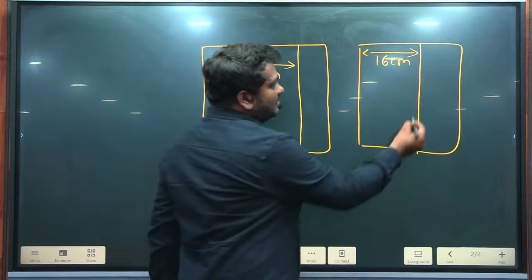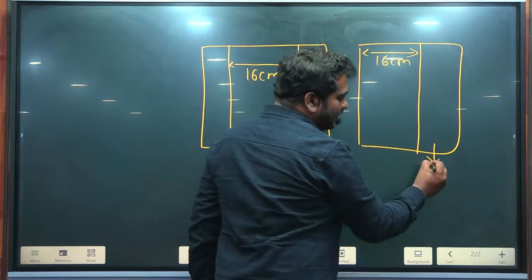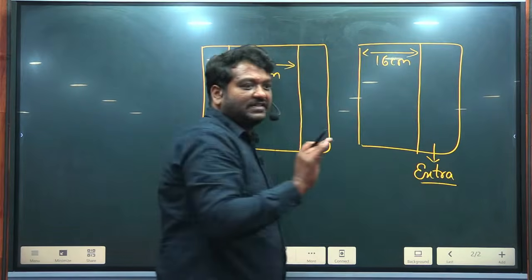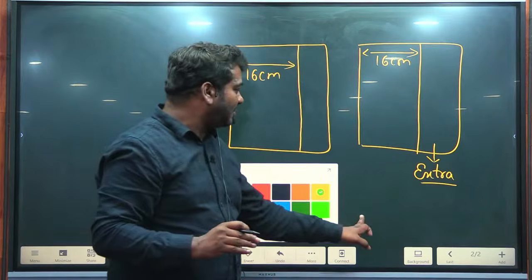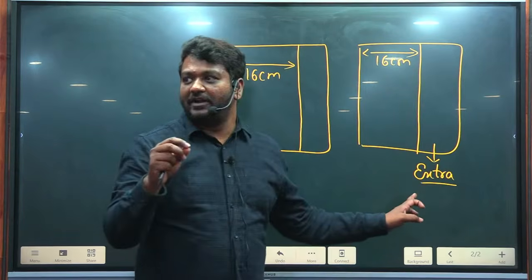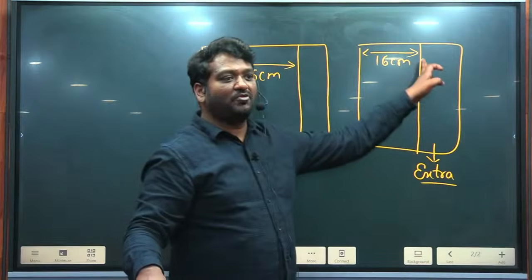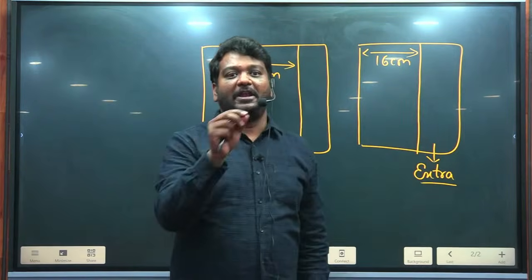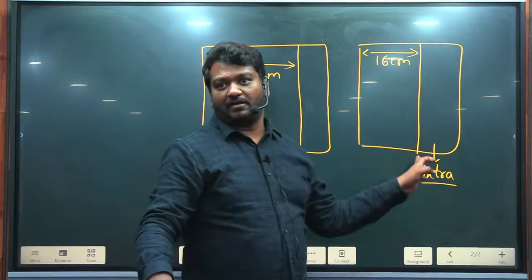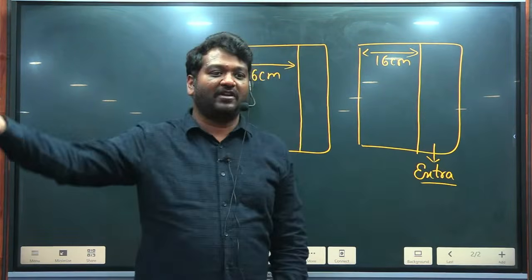And this part, use it for extra information. What all extra information you get after the class, when you read the NCERT, you will get more information that you add here. Previous year questions on this topic, that you write here. Don't keep them somewhere else.